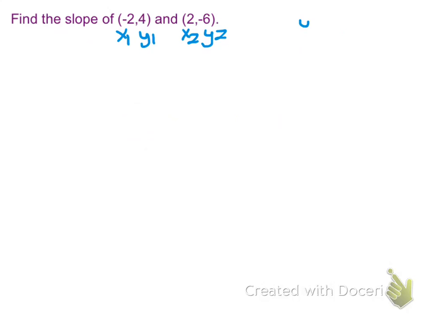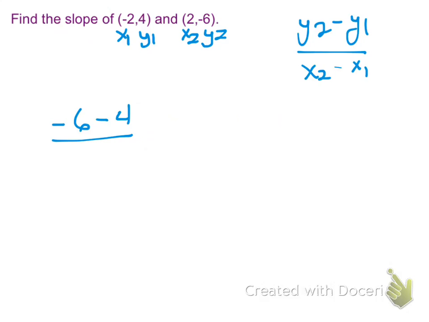So remember, y2 minus y1 over x2 minus x1. If I start off with my y2, that's going to give me -6 minus my y1, which is 4, over x2, which is 2, minus -2.